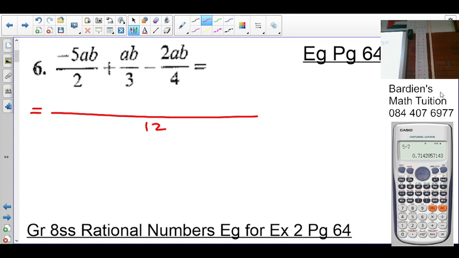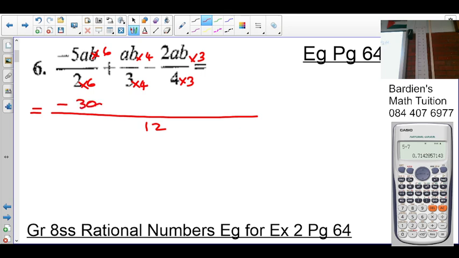So 2 must be multiplied by what to get 12? 6. 3 must be multiplied by what to get 12? 4. 4 must be multiplied by what to get 12? 3. So what is negative 5ab times 6?